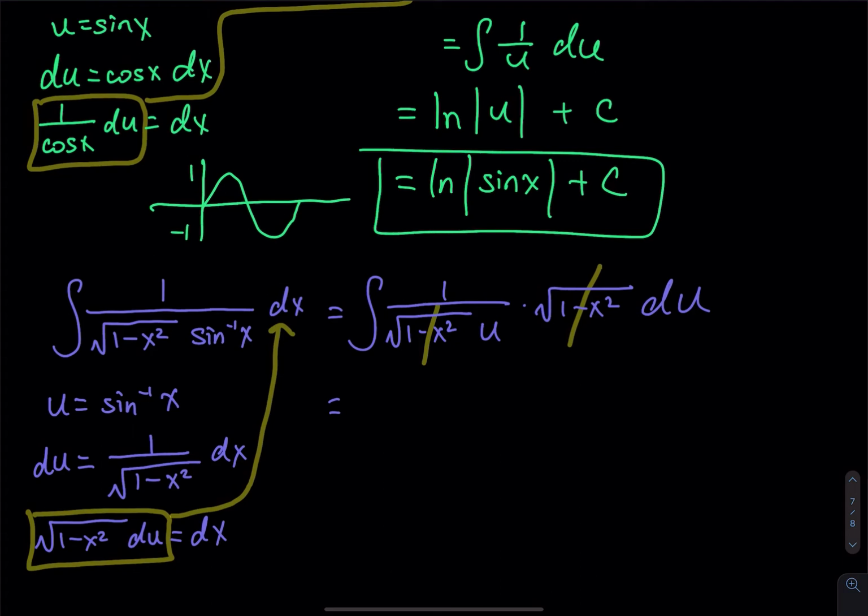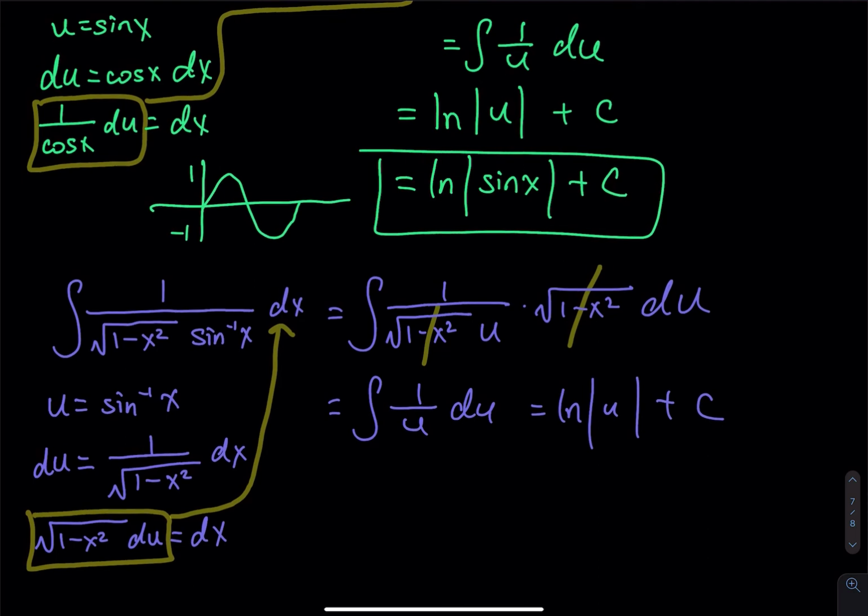That is equal to the integral of 1 over u du, so that is ln absolute value of u plus c. Again, the absolute value is not optional until you can prove the stuff inside the absolute value is positive. So this is ln absolute value of inverse sine x plus c.